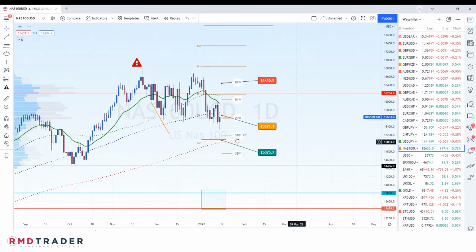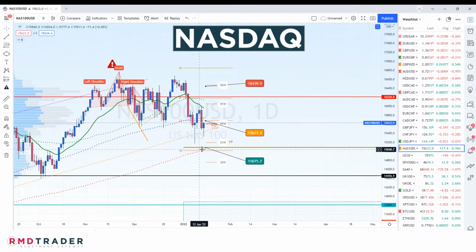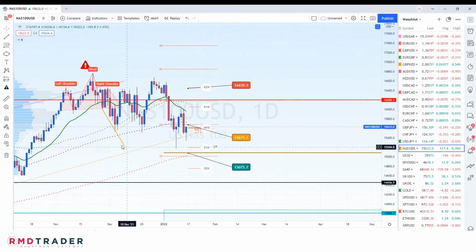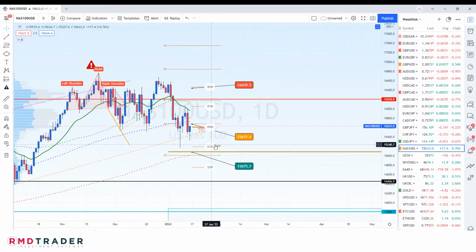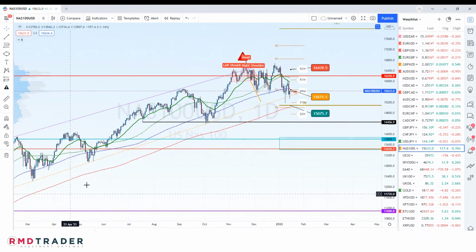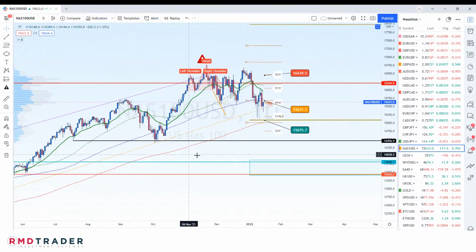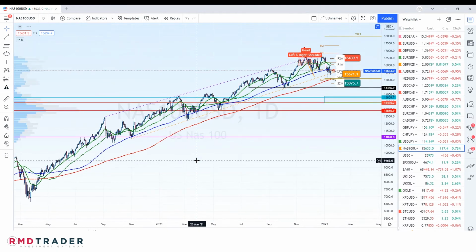Moving on to our indices and the NASDAQ 100. Previously, we had that head and shoulders playing out at its target, which is very close to our yearly pivot at 15,075. I suspect we will most likely see this yearly pivot being tested very soon, because that's also where we have our daily 200 SMA, which hasn't been tested in quite some time.